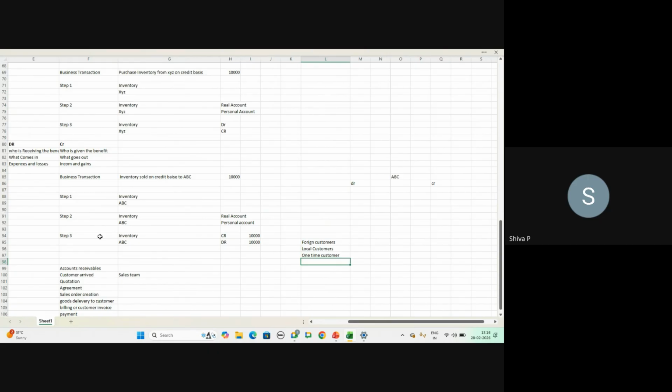So one-time customer is cash and carry. Local customer, you are selling goods in the local market. Export oriented, foreign customers, revenue will be different. One-time customer may not come into account receivable. That will be directly posted in revenue.